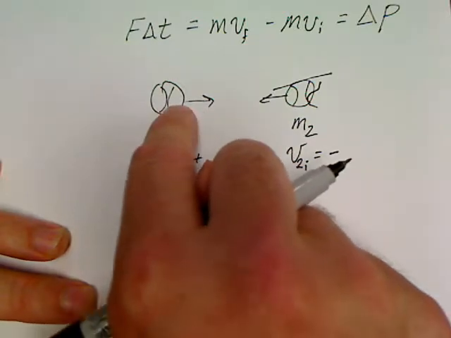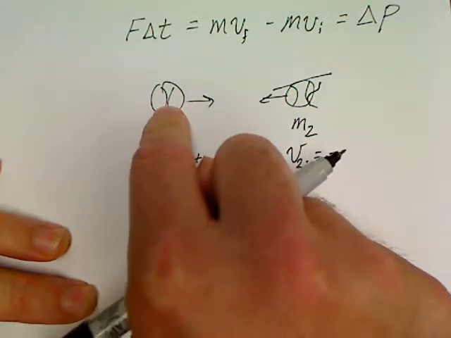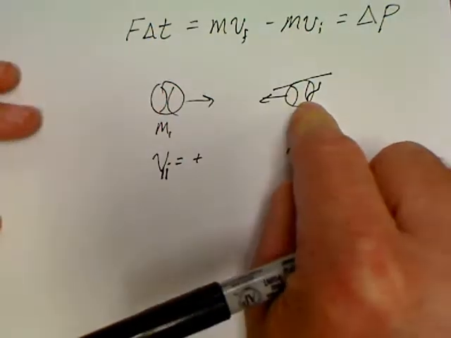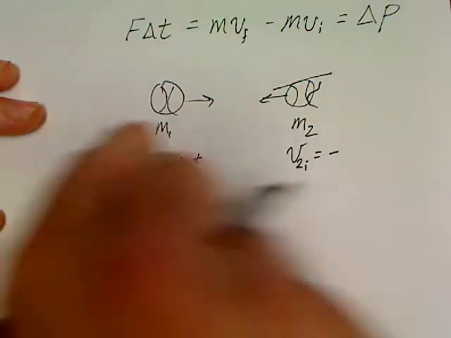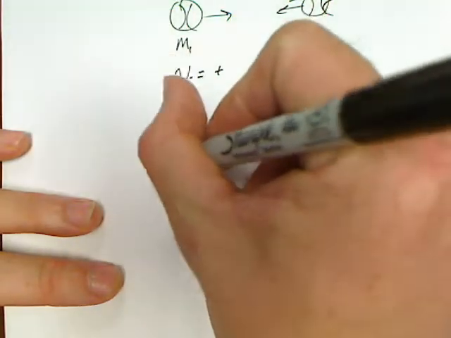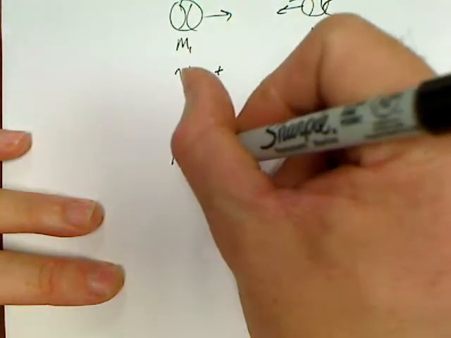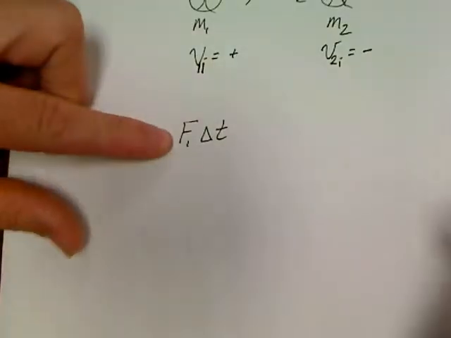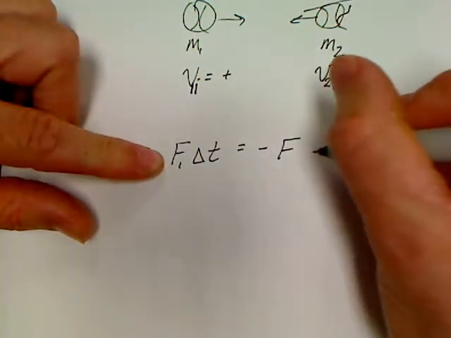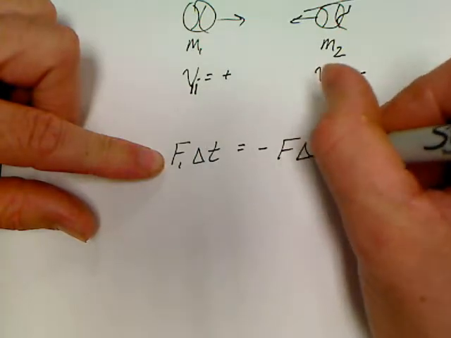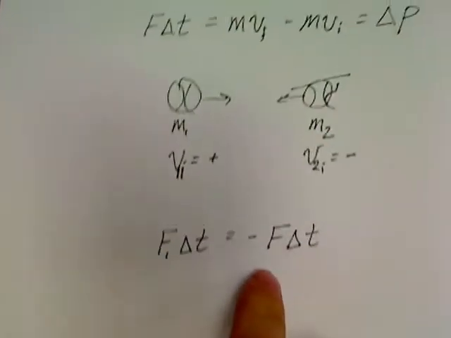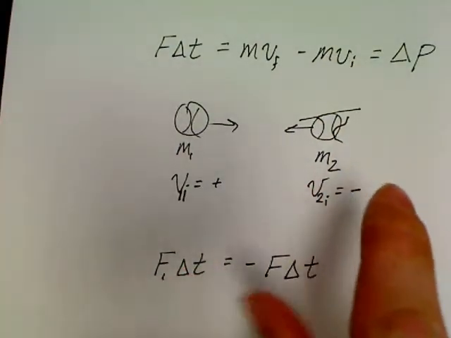Whatever force this object hits the second one with, the second would be hitting it with an equal force in an opposite direction. So see if this makes sense. The impulse of the first object would be equal to the negative, the equal and opposite reaction impulse from the second object.